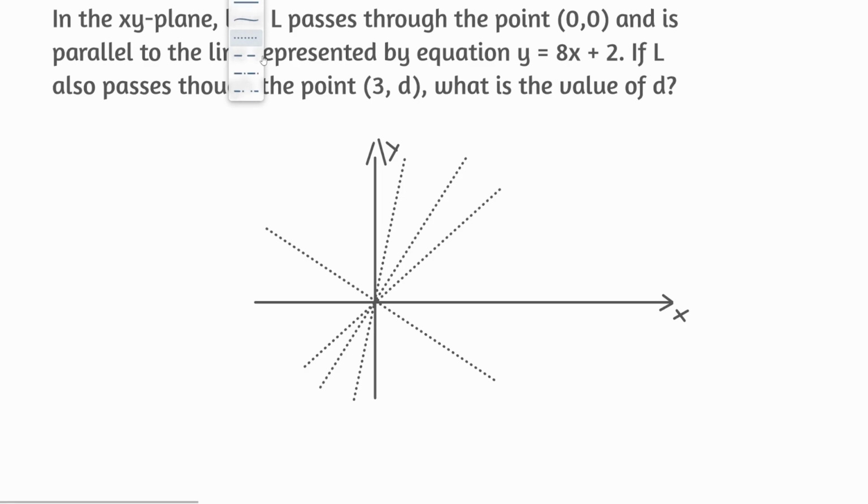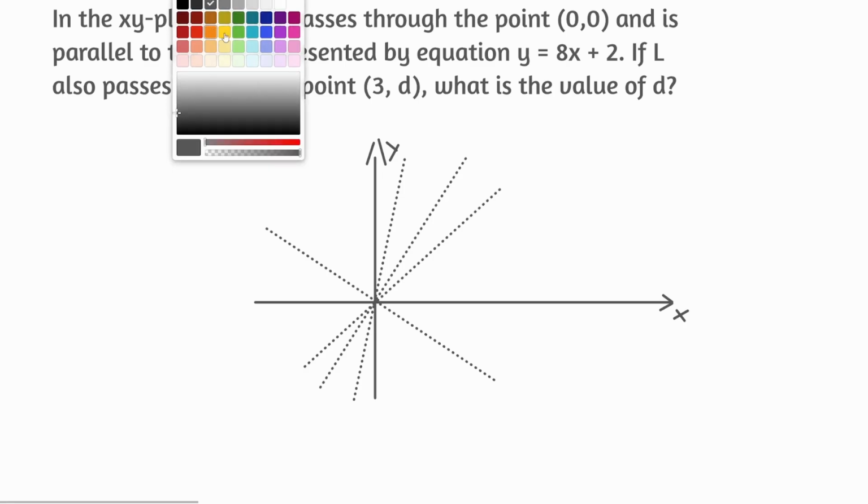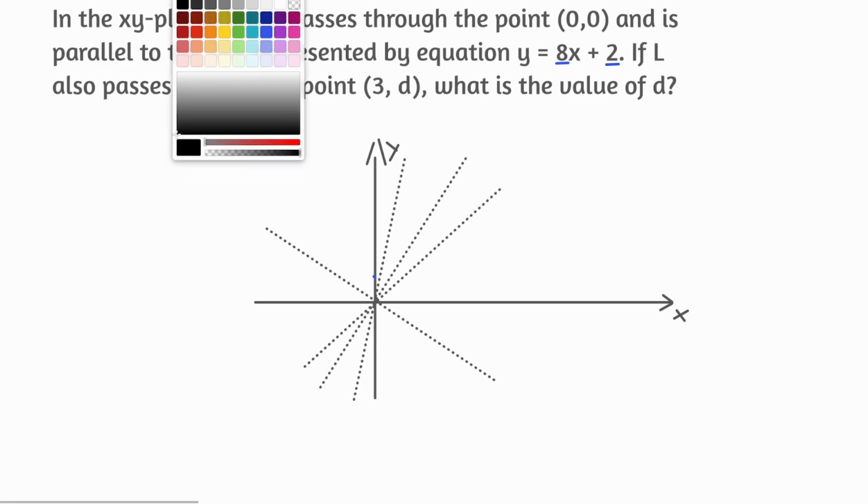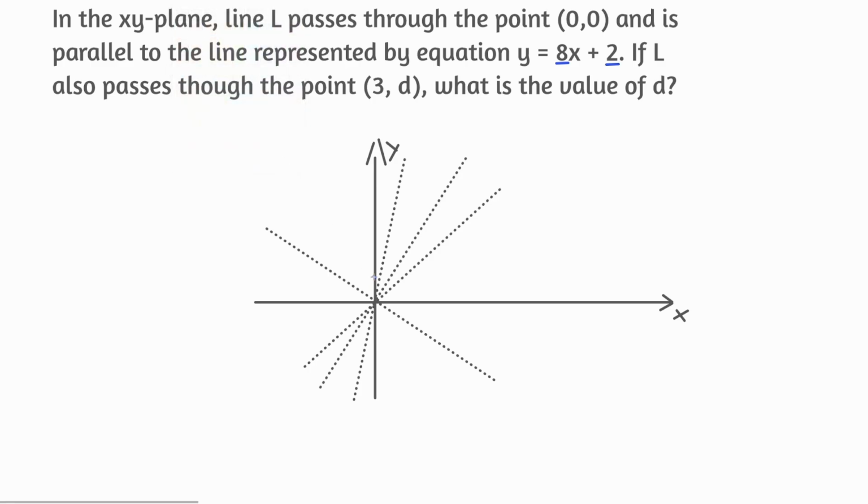So let's sketch this line as well. Let's make it blue. We have slope equal to 8 and y-intercept plus 2, so it goes through the point 2 on the y-axis. Let's draw the line, and since the slope is 8, it's very steep, so it goes something like this.